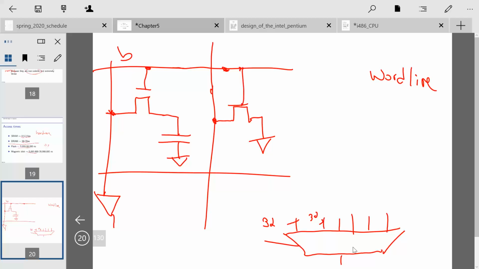So we can pack more and more of these in here, and we still have the row decoder, a single bit line, and then these sense amps.